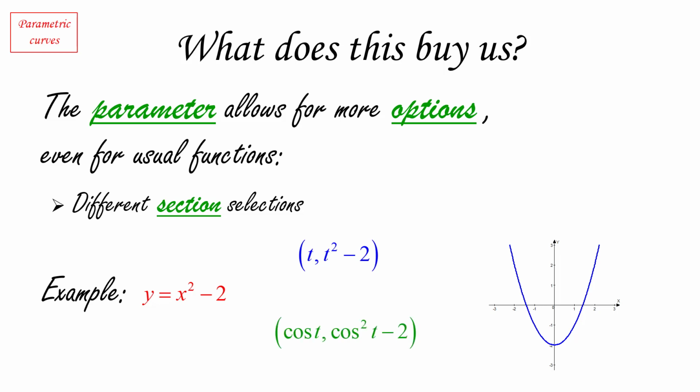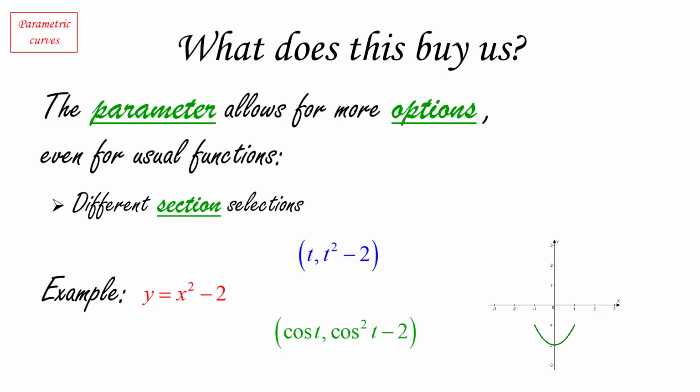Again, notice that the y-coordinate here is equal to the x-coordinate squared minus 2. But the x-coordinate, now being cosine of t, can only be between negative 1 and 1. And therefore, I'm shrinking my curve to only the section between negative 1 and 1. So, lots of other options are available to us by using the parameterization.